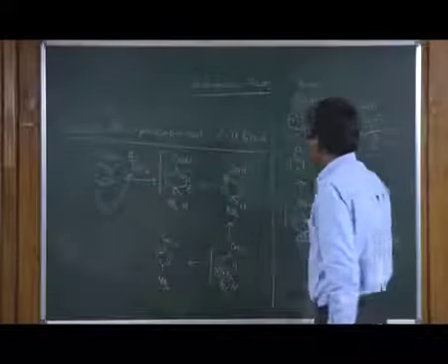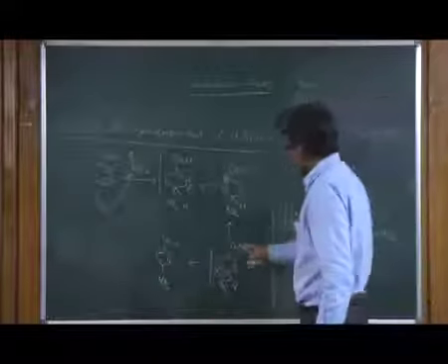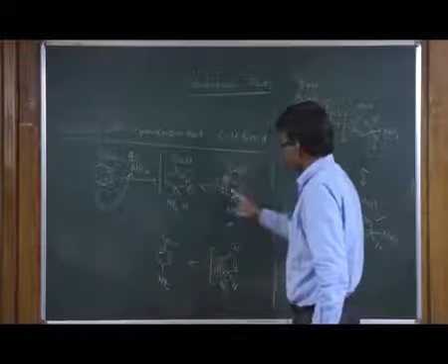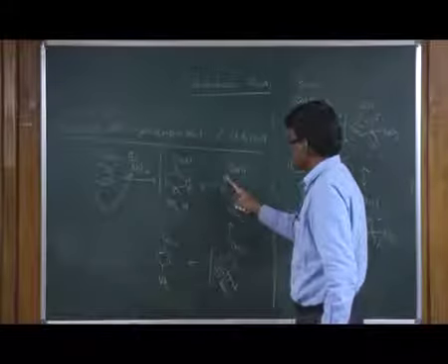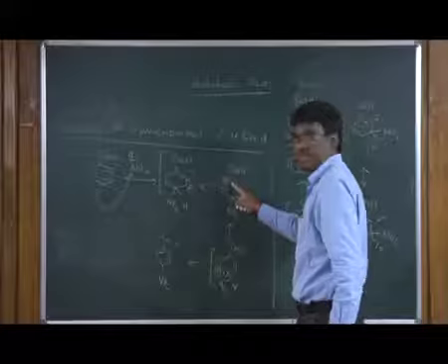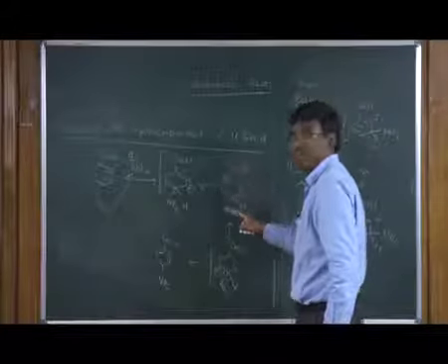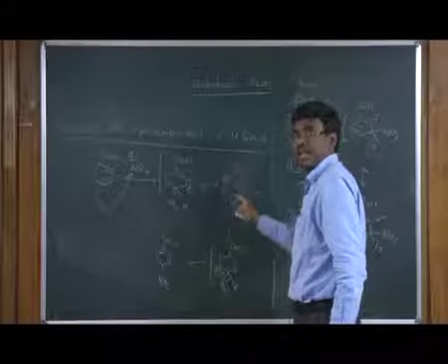If you compare these structures, this is the electron withdrawing group. If you write these resonance structures, again the carbocation comes on this carbon. This is electron deficient, and this is also electron deficient. This reaction pathway is very less favorable.